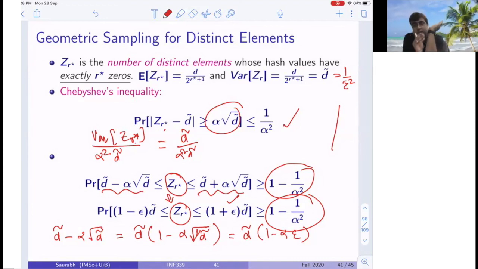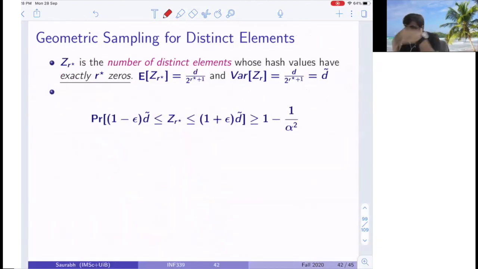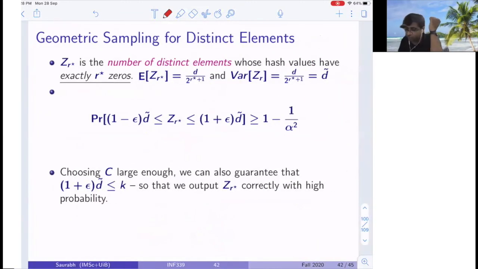So this is an idea why. This is what we get, and that implies that choosing C large enough, we can also guarantee that 1 plus epsilon D hat is less than k, so that we output Z star correctly with high probability. You get my point?